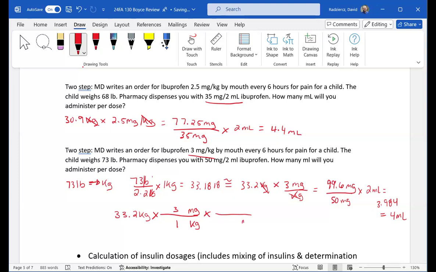I'm trying to get rid of milligrams and find out milliliters. So 2 milliliters per 50 milligrams. And then you're going to take 33.2 times 3 times 2, and then divide by 50. Technically, you get 3.984. But you could just round that too.